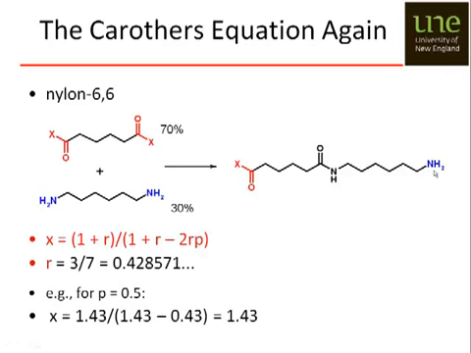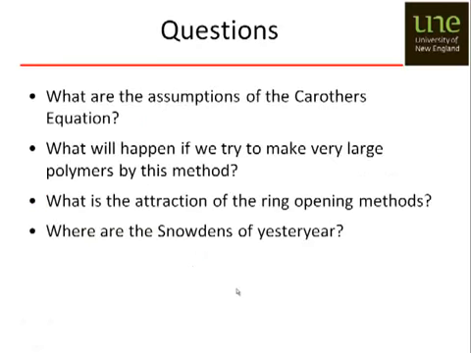So basically this imbalance in the functionalities will limit the possibility for chain extension for molecules, because if you end up with more of these acyl chloride groups than of these amine groups, there are going to be some acyl chloride groups that miss out. And you can verify for yourself that if you put R equals 1 there, that equation will simplify back to our initial form of the Carothers equation.